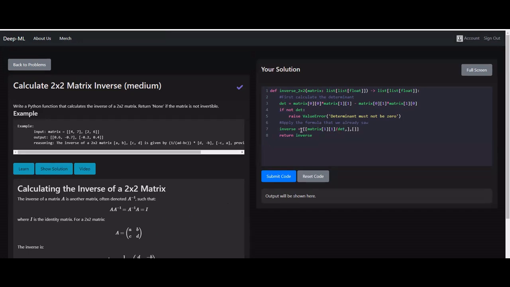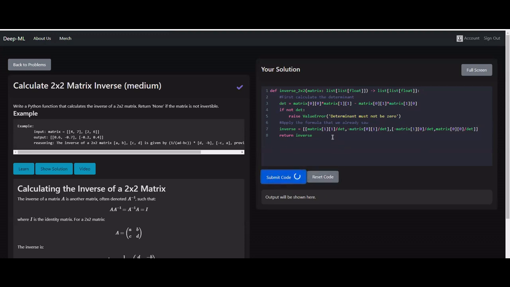The second element is going to be minus b, which is matrix[0][1], divided by that. Then minus matrix[1][0], which is c, divided by that. And finally, matrix[0][0], which is a, divided by that. Here we're dividing every single element by the determinant. You could have used a different method, such as multiplying everything by 1 over the determinant, but with this, we're going to have our solution and implementation.